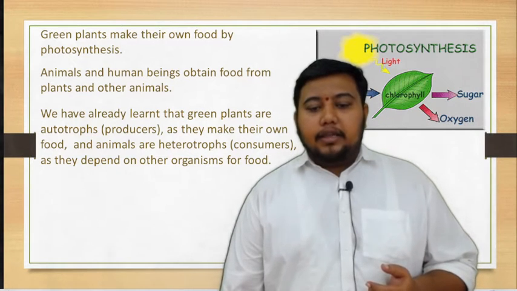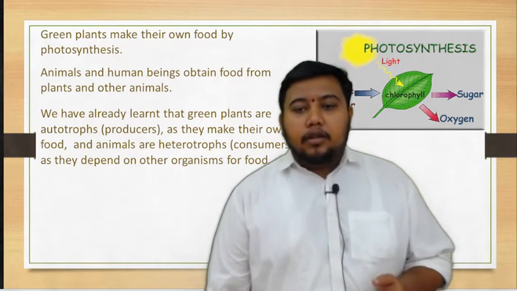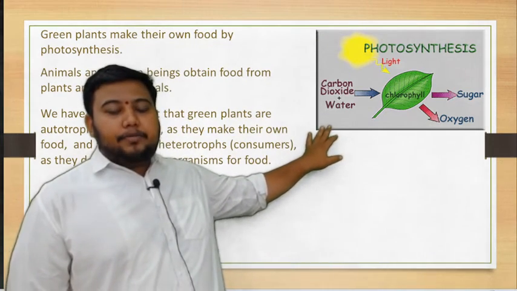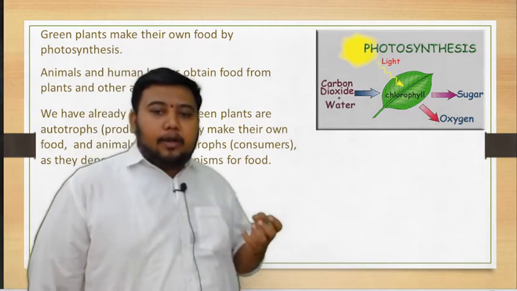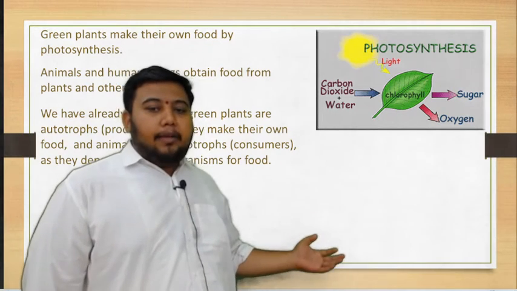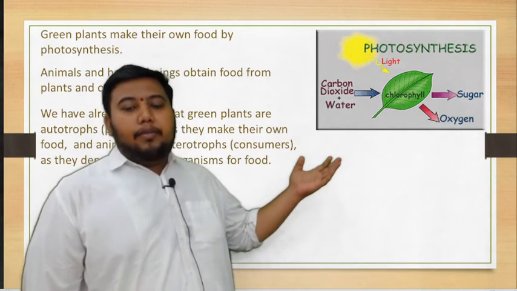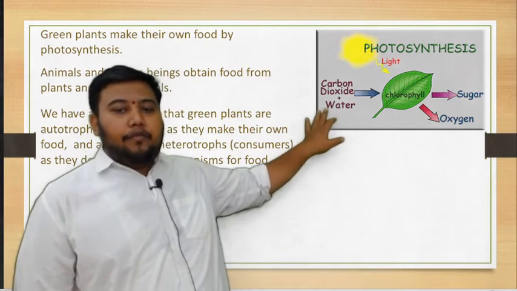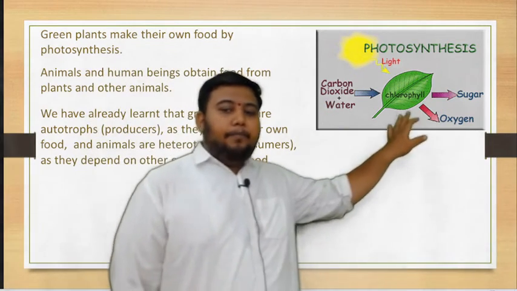Okay, see this image, how the plants produce their food by the photosynthesis process. They absorb carbon dioxide from the air, they absorb water from the soil with the help of roots, and with the help of chlorophyll and sunlight they form sugar.